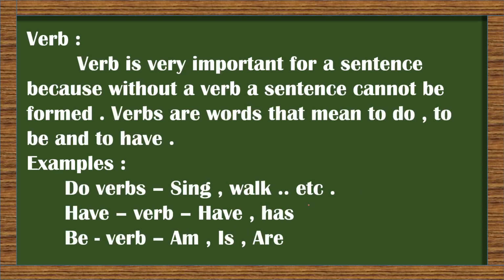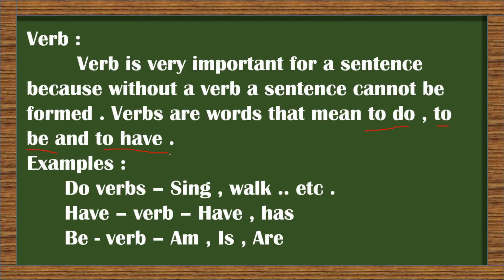Next, verb. Verb is very important for a sentence because without a verb, a sentence cannot be formed. In English grammar, verb is indispensable to form a sentence. Verbs are words that mean to do something, to be, or to have something.